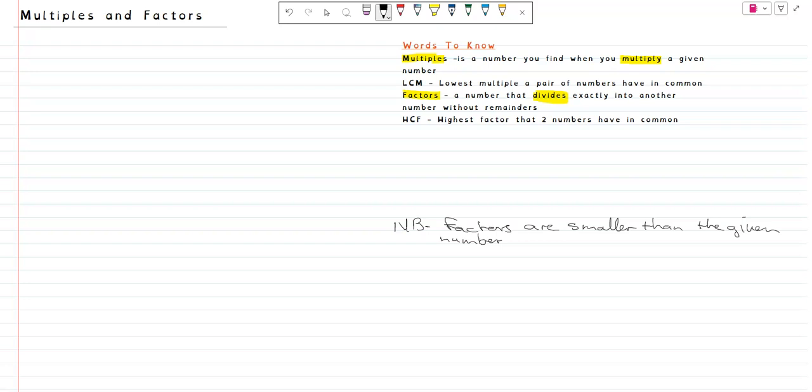Okay, so the question is, find the highest common factor of 8 and 24. Now we need to work this out. We know that factors are numbers that divide exactly into another number without remainders.